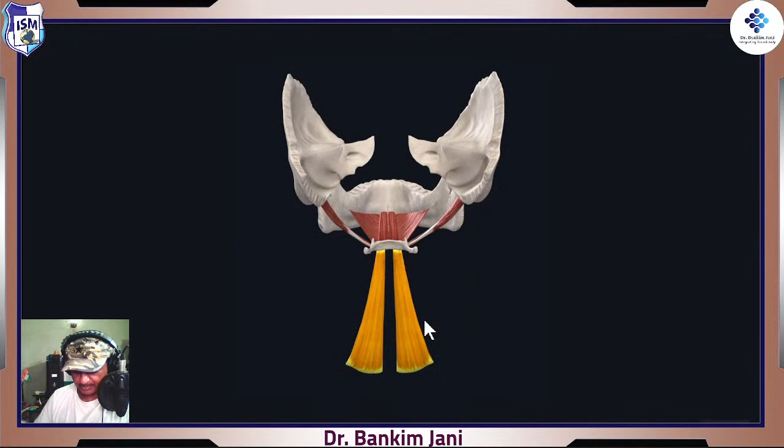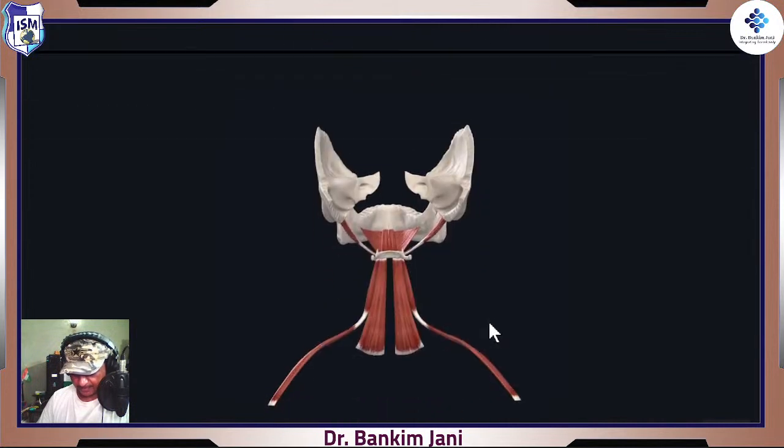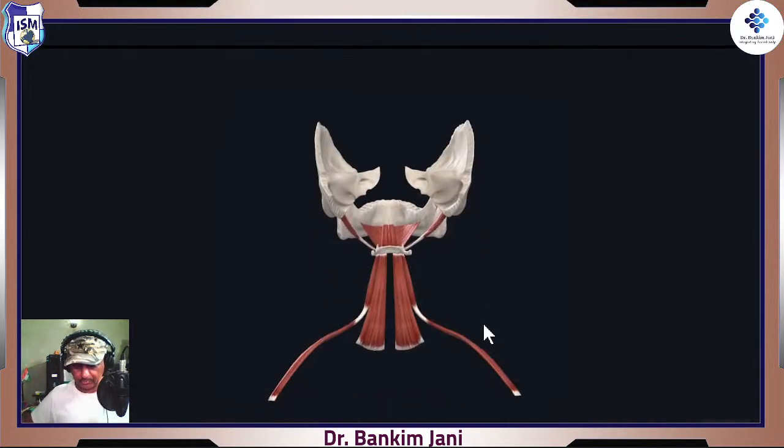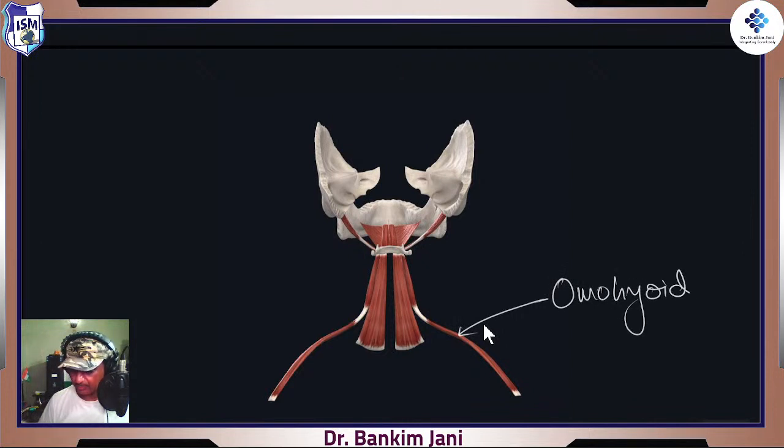Let's see this for better clarity. Centrally located, medially located, so it has to be sternohyoid. Then this one going on both the sides would be omohyoid. Rest all known to you. This one is Mylohyoid, that one in between would be the Geniohyoid.